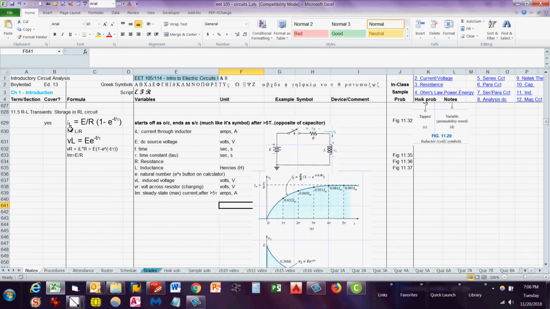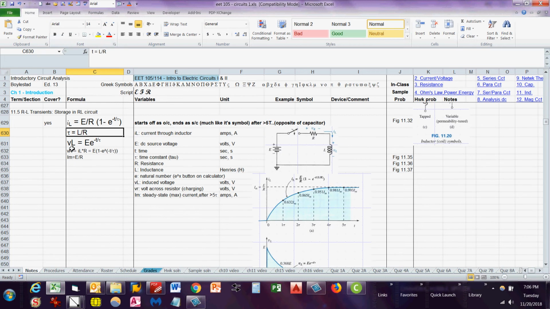So I sub L equals E over R times the quantity 1 minus e to the minus t over tau. Tau is equal to L over R. And V sub L equals E times little e to the minus t over tau.